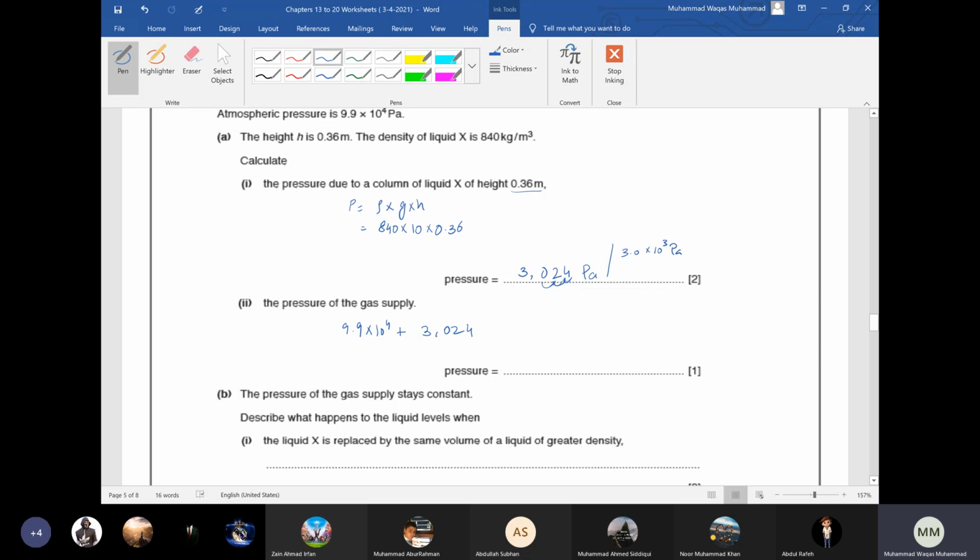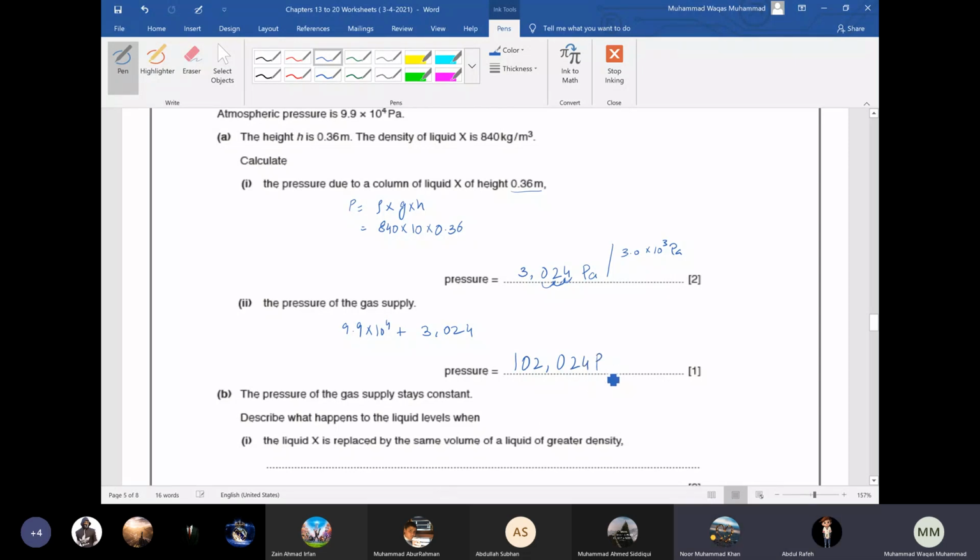When you add this, do you get? Sir, 102,024. 102,024, right?